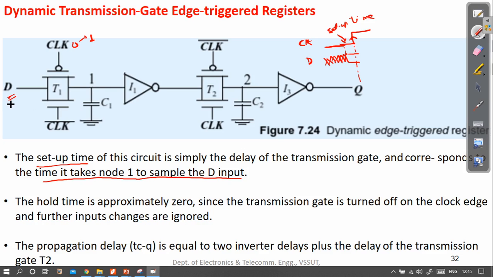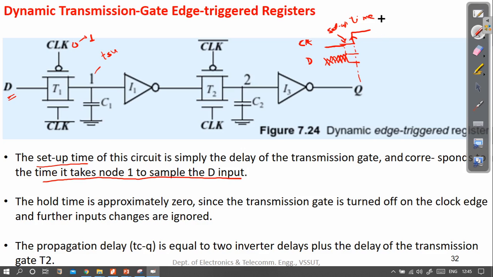This suggests that the setup time for this circuit would be the delay of this transmission gate T1, which is actually the time the signal takes to be sampled at node 1. So at node 1 you will get the value of setup time, that is TSU.